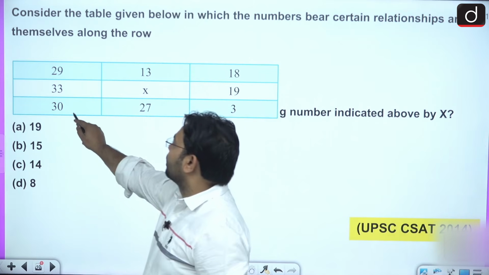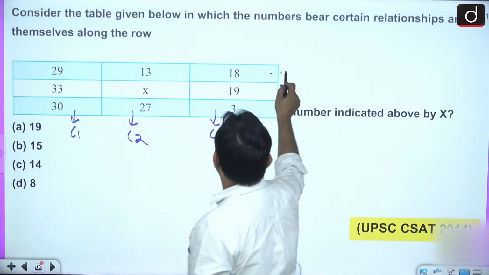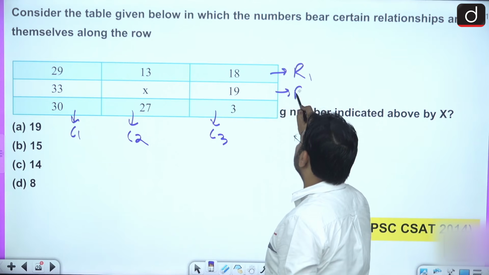These are the columns and these are the rows. Remember this one?